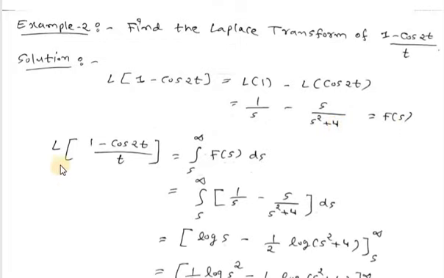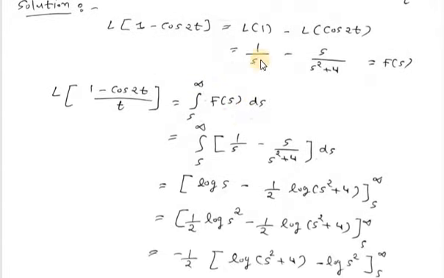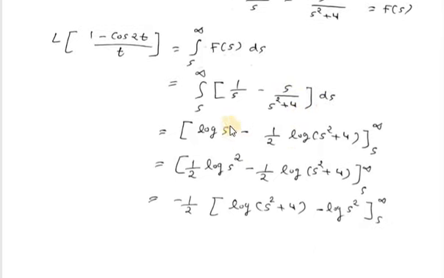And this is equal to F of s. Now according to the concept of division by t, Laplace of (1 minus cos 2t) by t equals the integration from s to infinity of F of s ds. And F of s is 1 over s minus s over s square plus 4, ds. Now integration of 1 upon s is log s.